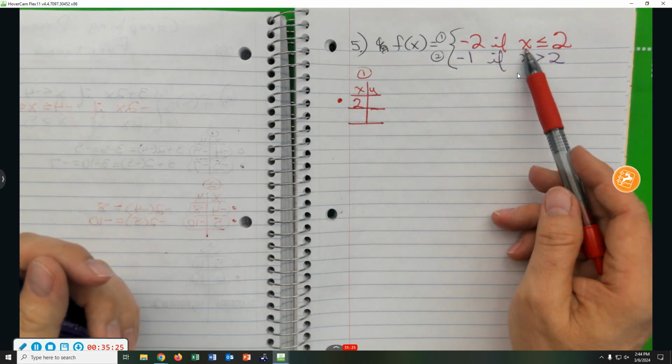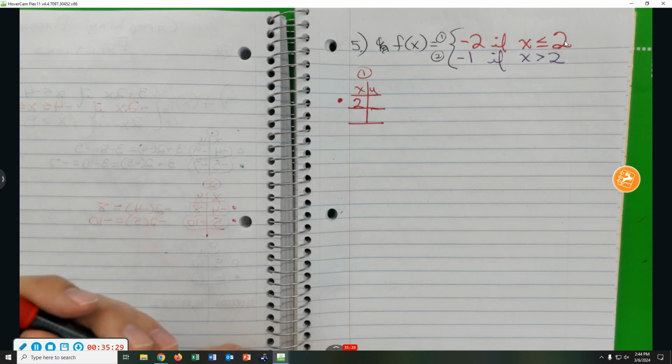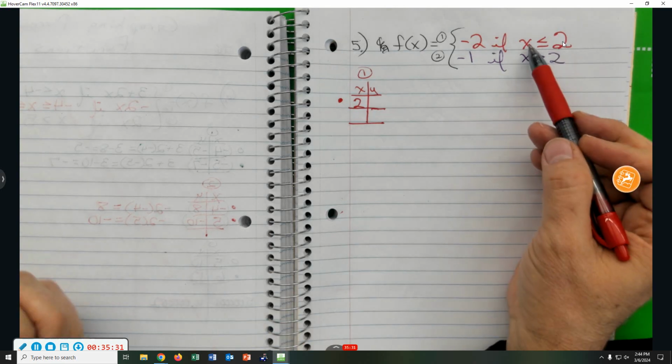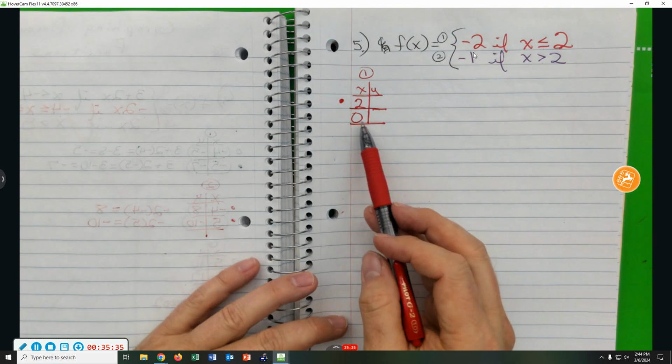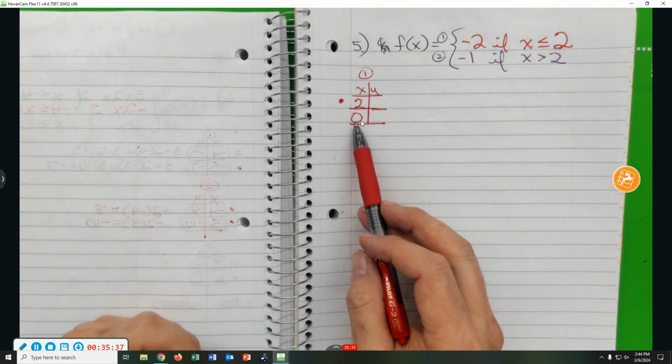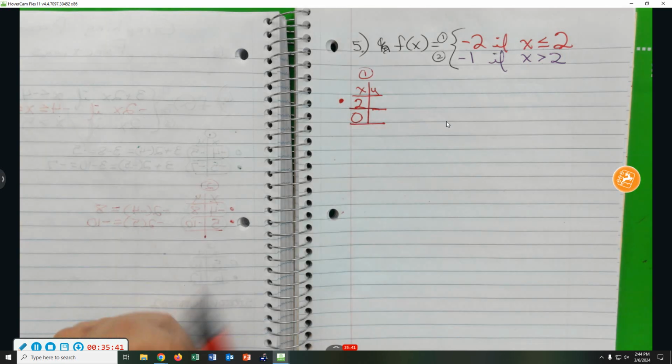Okay, we need an x value less than 2. Can I use 0? Yes, 0 is less than 2, so I can use 0. Now the secondary point, the one I chose myself, will it be an open or a closed point? I heard open.